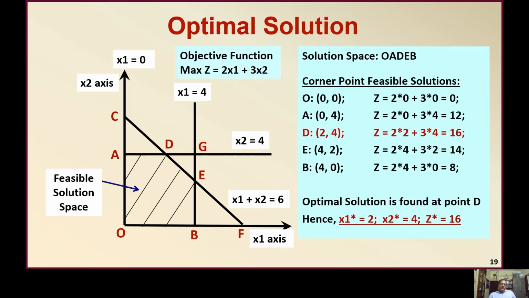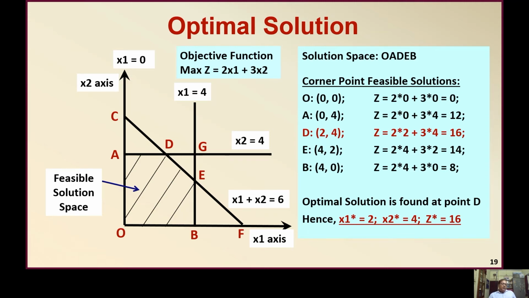With lots and lots of constraints and many variables, it is not possible to always draw a graph. So if I'm not allowed to draw the graph, how can I find the solution to such problems, right? So you see the difficulty arises when the number of variables is more, when the number of constraints is more, graphical solutions are not possible.